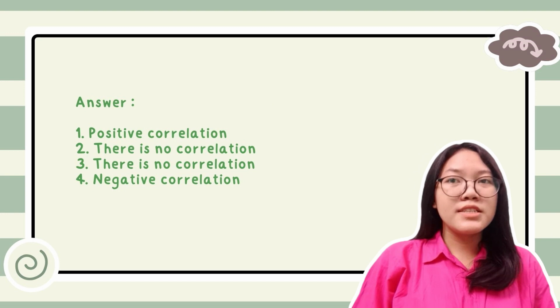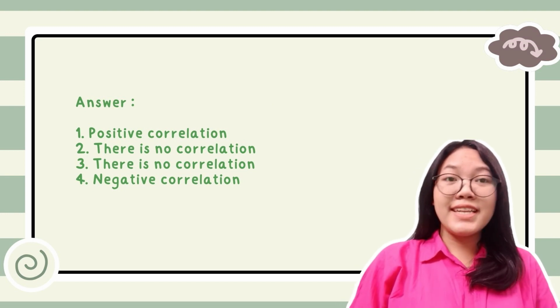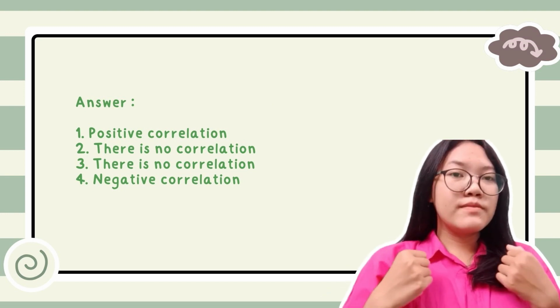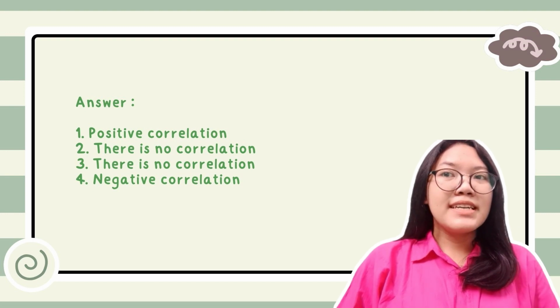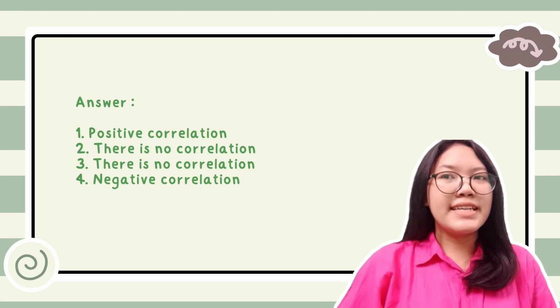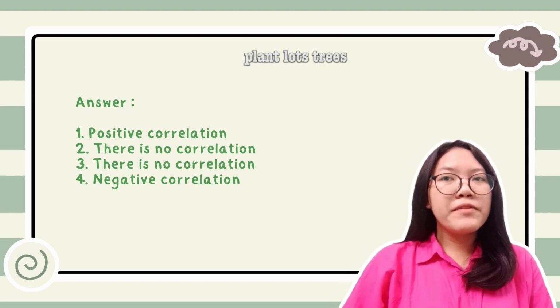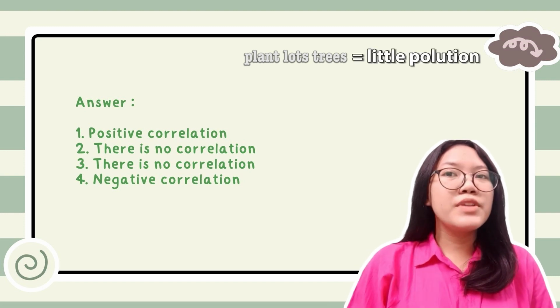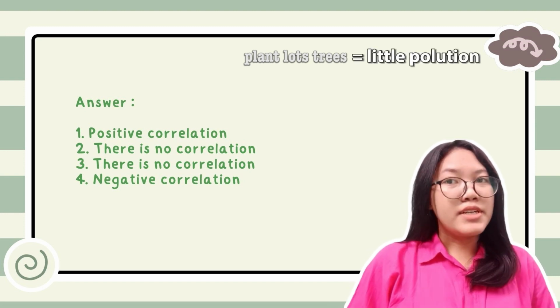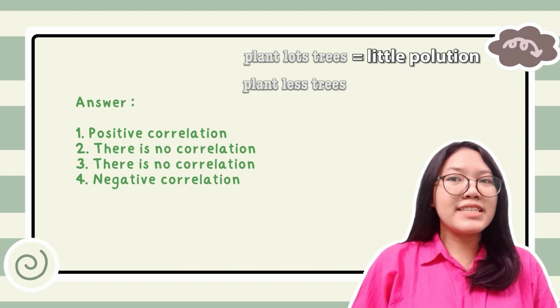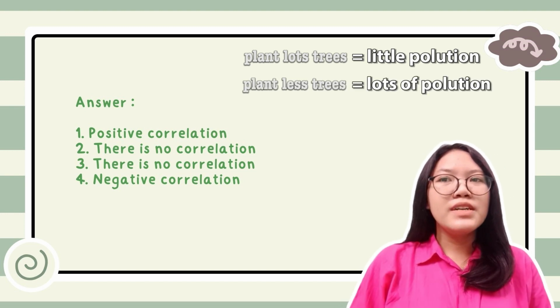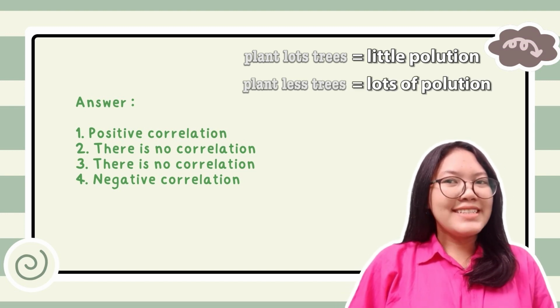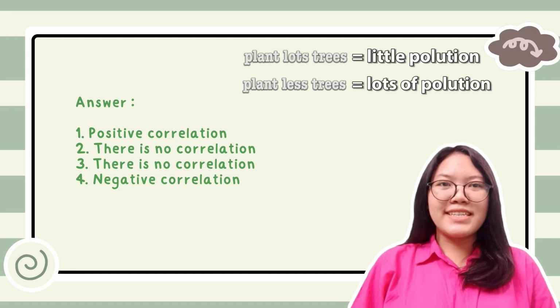For point D, about lots of trees and level of pollution, it is a negative correlation. Why? Because the two of them are opposite, guys. For example, when we plant lots of trees, pollution will go down or decrease. But on the other hand, if we plant fewer trees, pollution will continue to increase. Then it is a negative correlation.